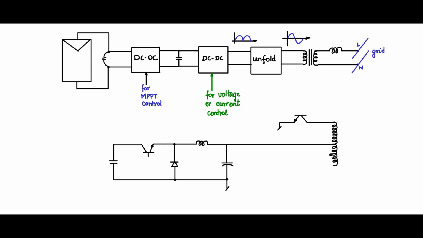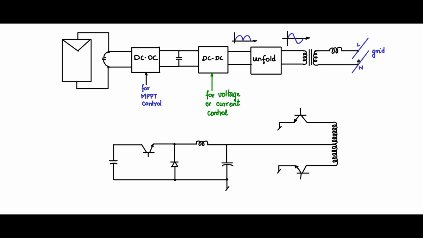Now I have this transformer winding, and this is a push-pull circuit. So recognize this push-pull circuit. There is a switch here, there is a switch here. I have not put a diode here purposely because this reverse body diode is used if the current flow direction reverses, but we are talking of pumping in current always in phase with the grid.